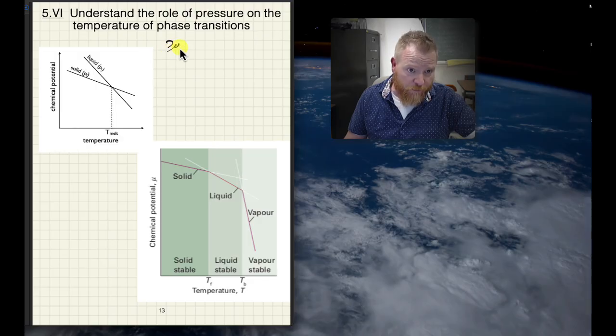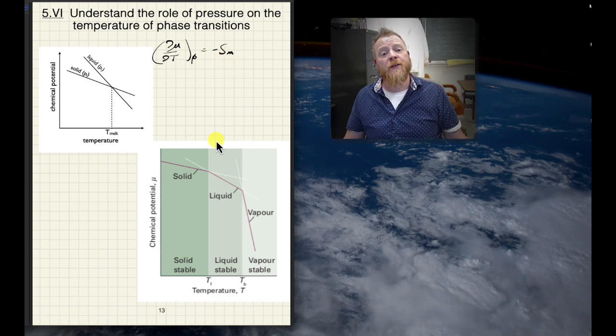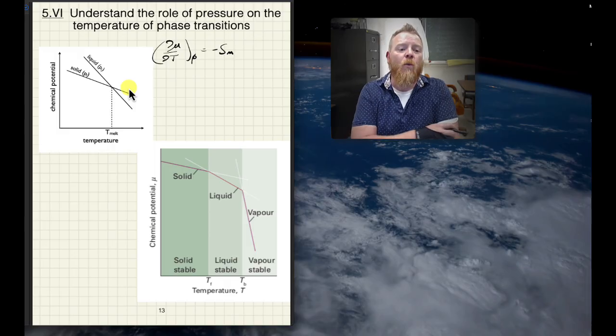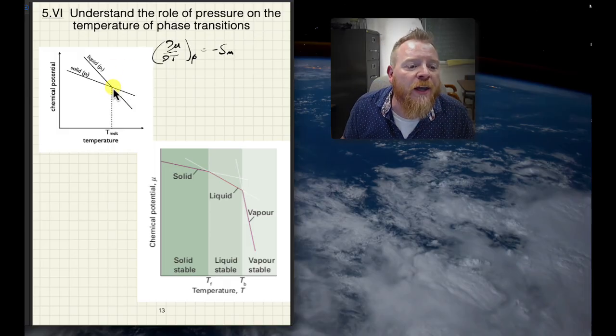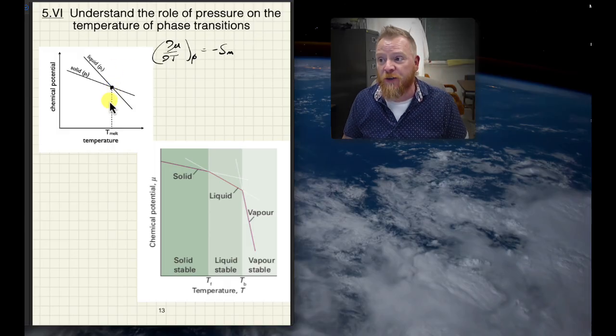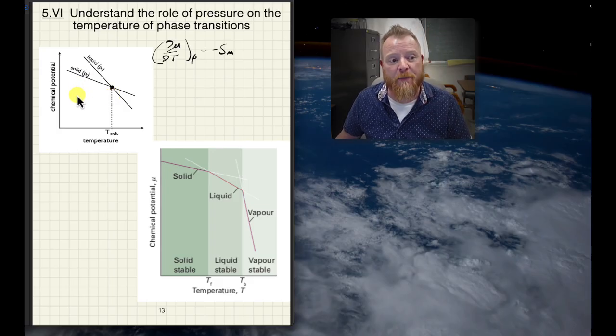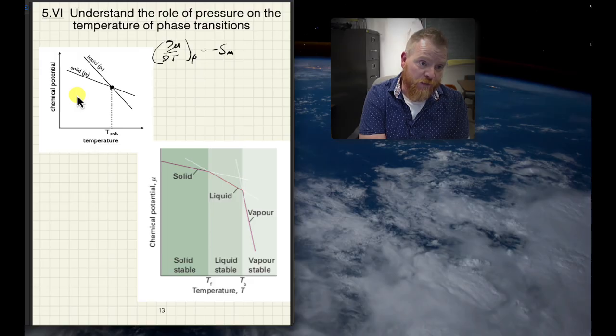So partial of mu by partial of T at constant P is negative molar entropy, which is what each of those lines describes. Where the chemical potentials are equal, that's where a phase transition occurs, and the phase with the lowest chemical potential at a given temperature is the one that is observed.